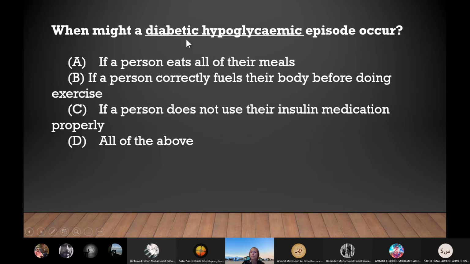So if a person has diabetes, when might this happen to them? If they eat all their meals, if the person correctly fuels their body before doing exercise, if a person does not use their insulin medication properly, or all of the above. When could this happen?